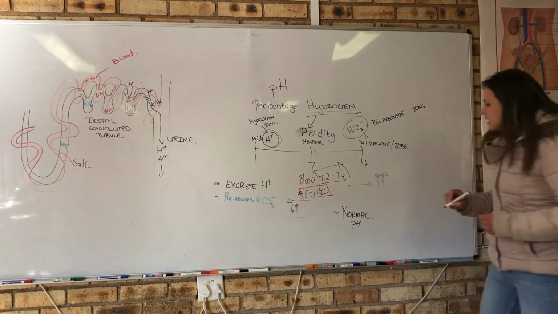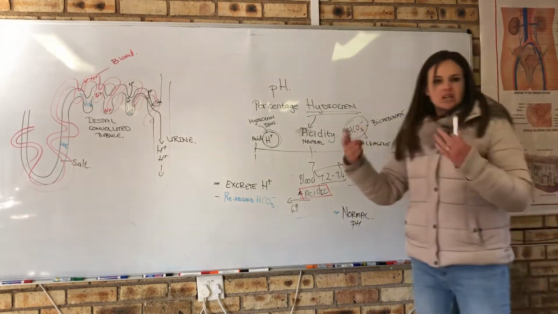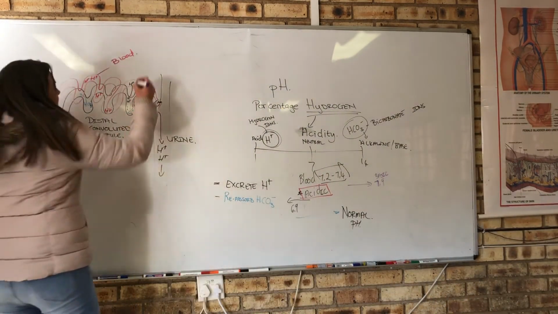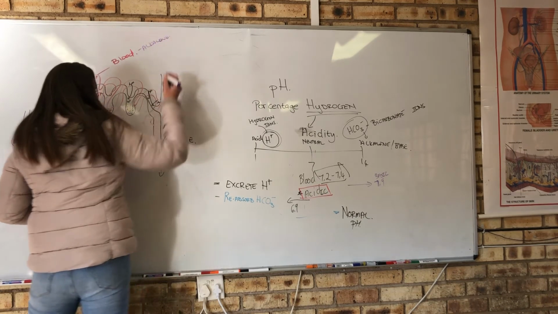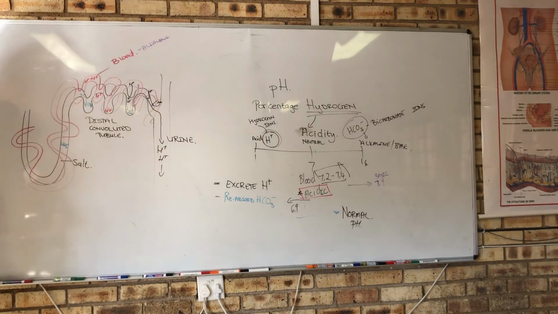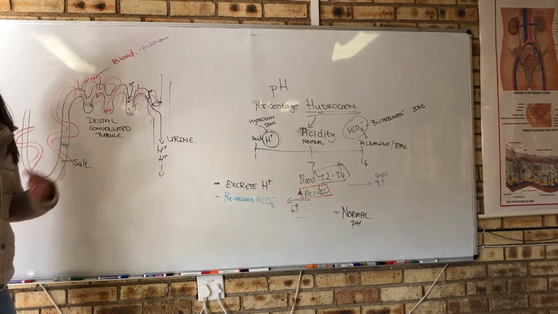What can you do? The exact opposite to what we just did. Now if our blood is alkaline, we want to reabsorb hydrogen. So we're going to take hydrogen back, and we're going to excrete bicarbonate.